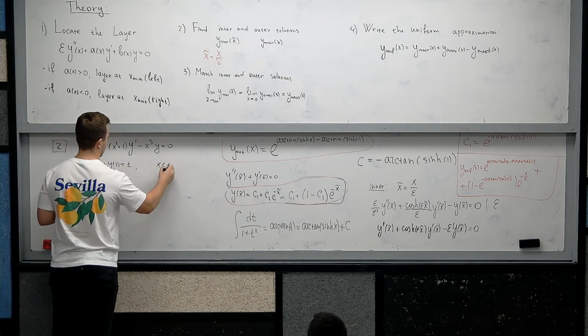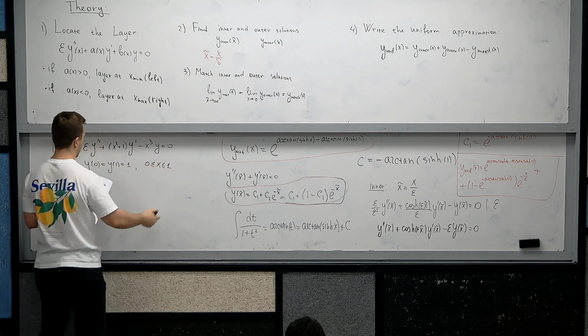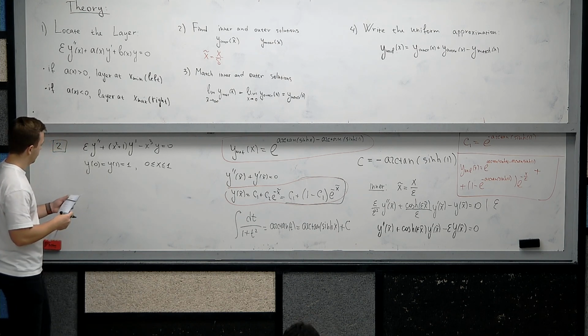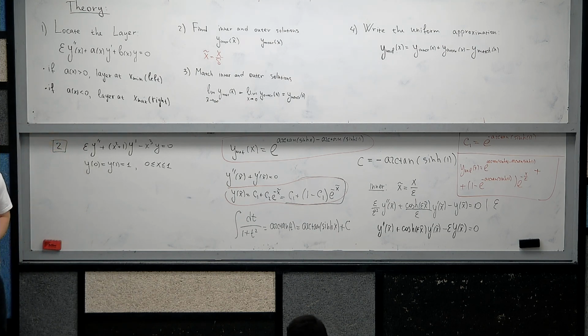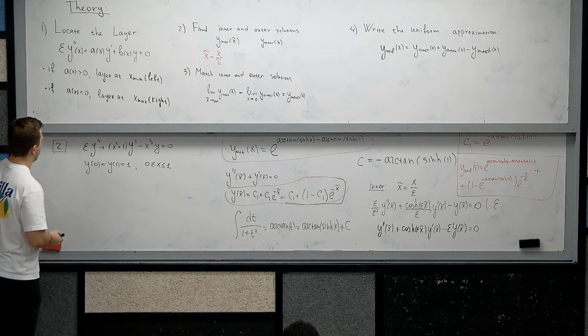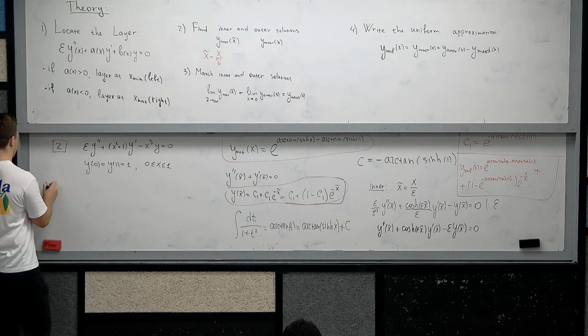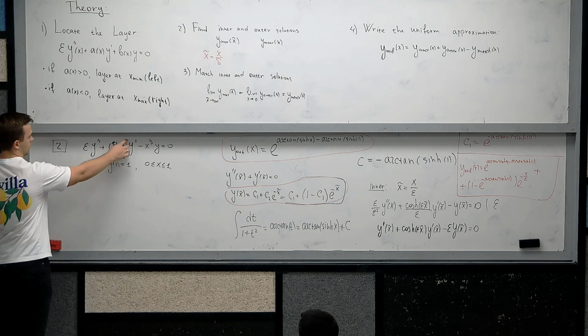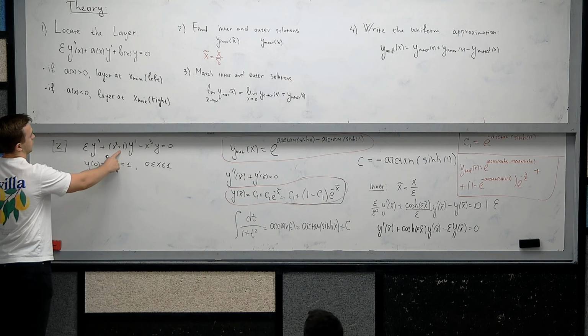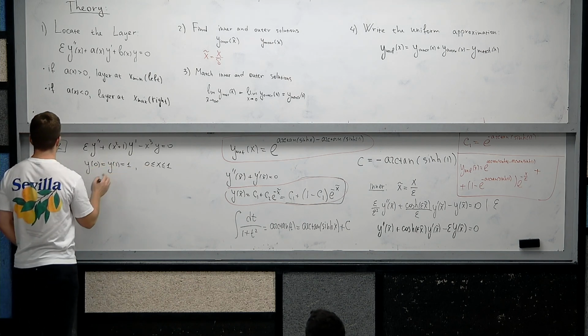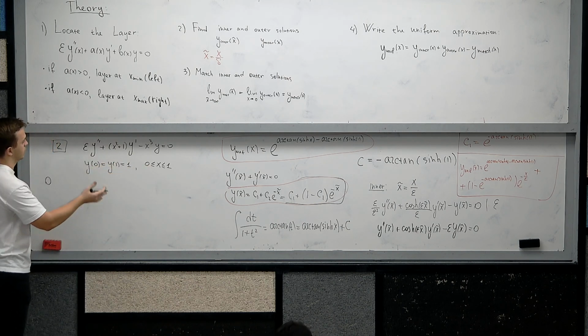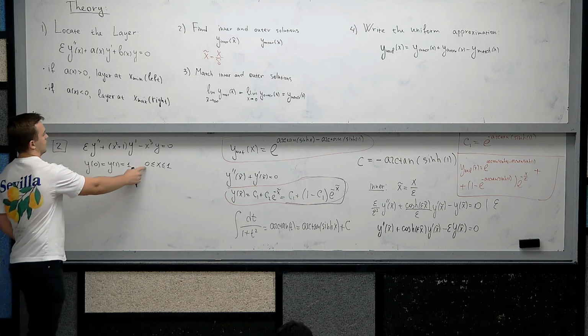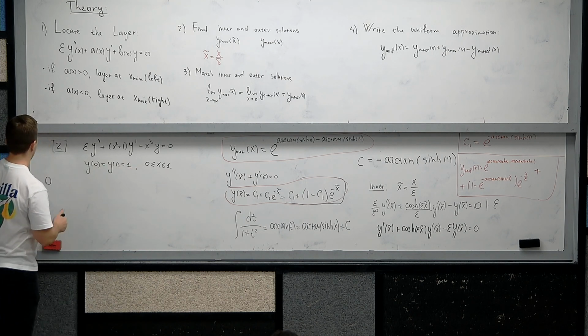X goes from 0 to 1. Let's start with the outer region, because this A coefficient is always positive in this region, therefore our boundary layer is near the point x equals 0.